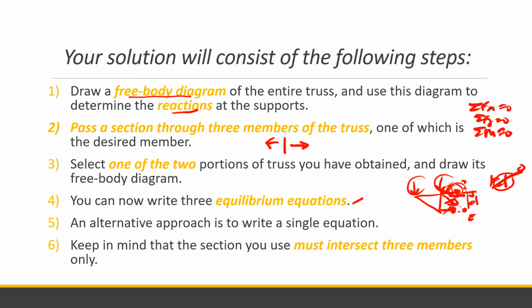So if you have a truss, for example, you have this truss, ganyan. So pwede ka mag-cut dito, but not dito. Hindi pwede kasi marami masyadong makakat na mga member and hindi mo na masasolve yung equation kasi more than 3 na yung unknown mo. So it should be 3 equations and 3 unknowns. So yun.